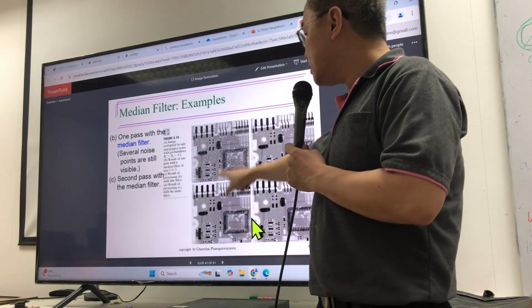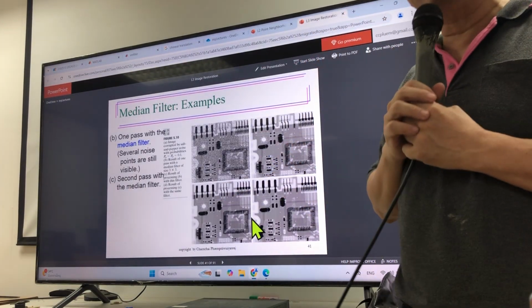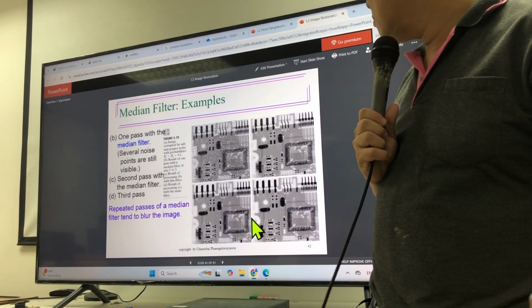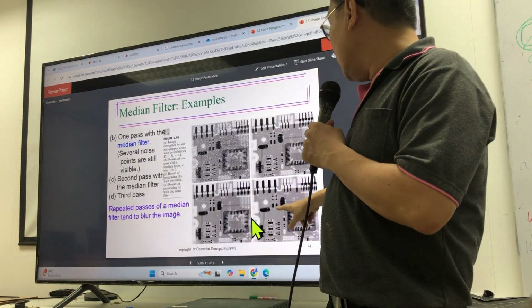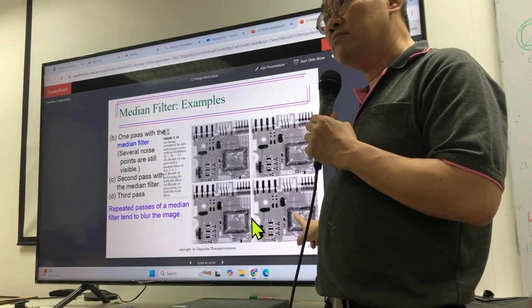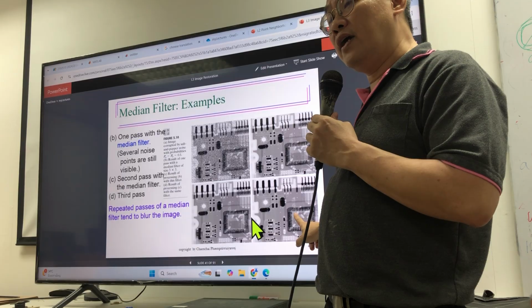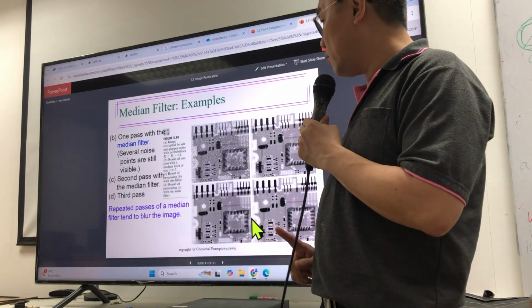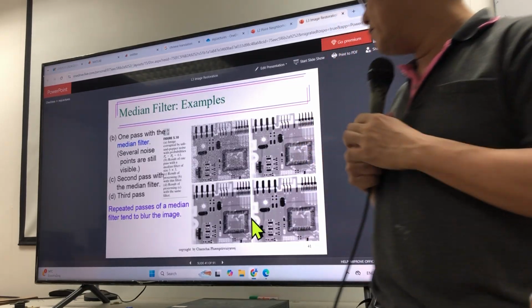You apply another time, it gets cleaner. What happens if you apply it the third time? You can see that even if you repeat a third time, it won't affect the image. It won't get worse, it stays stable.